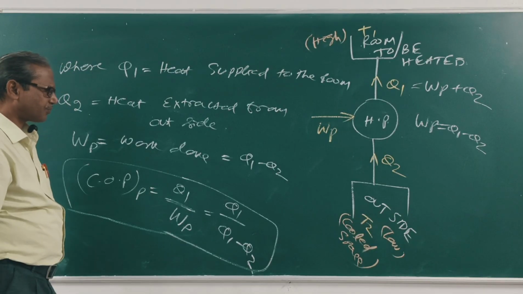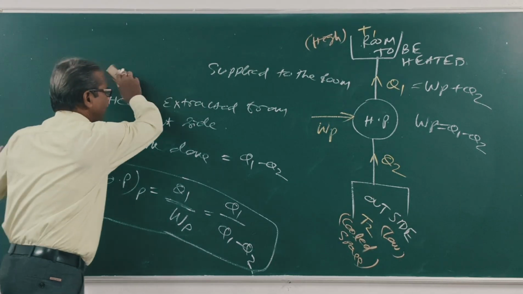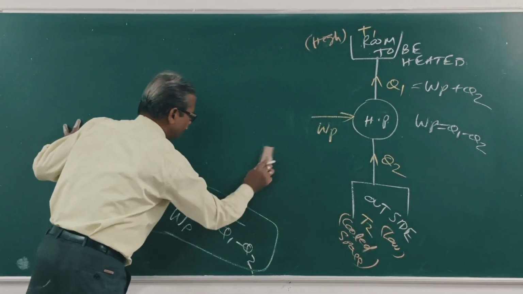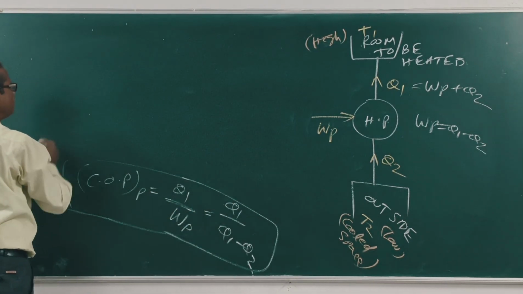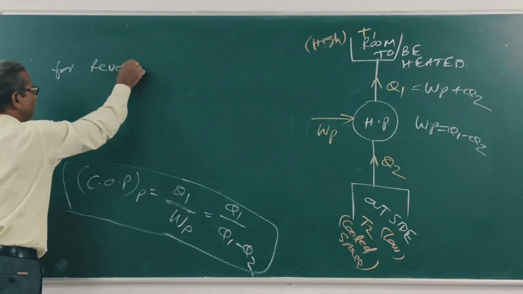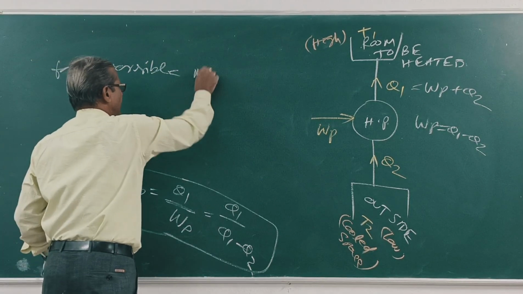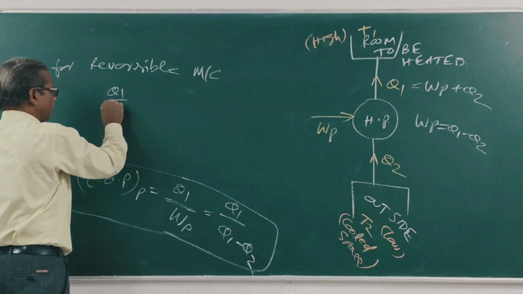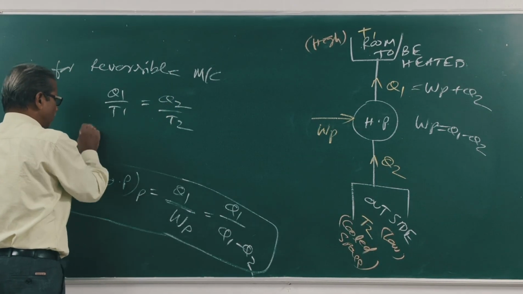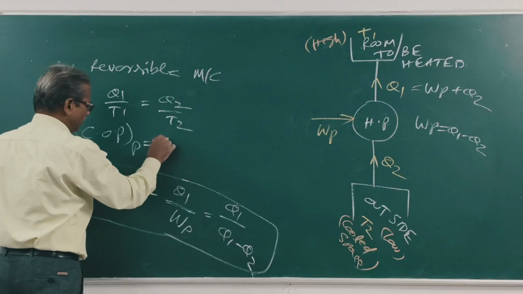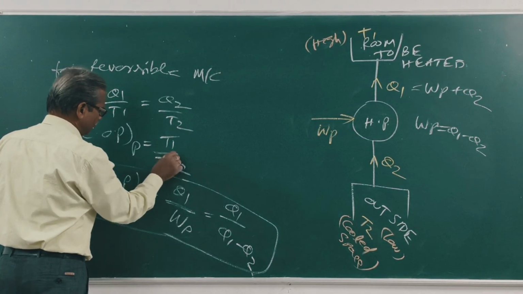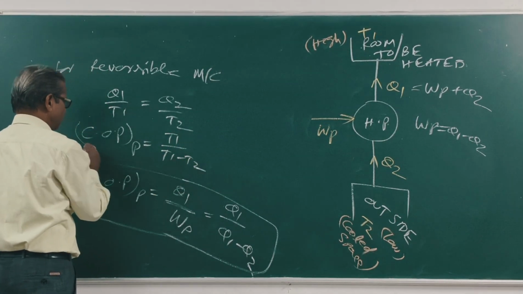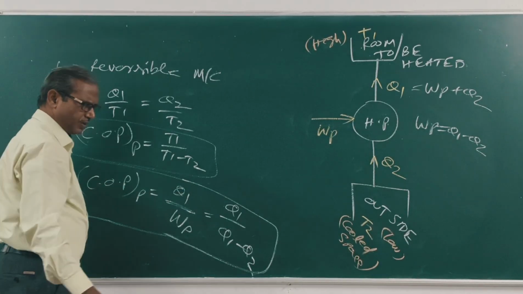Right? For a reversible machine, heat pump or refrigerator or heat engine, Q1 by Q1 is equal to T1 by T2. So COP of heat pump is equal to T1 by T1 minus T2. This is for heat pump.